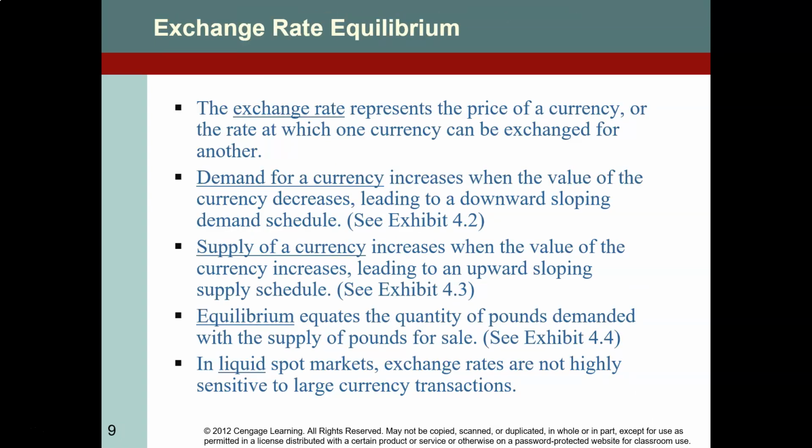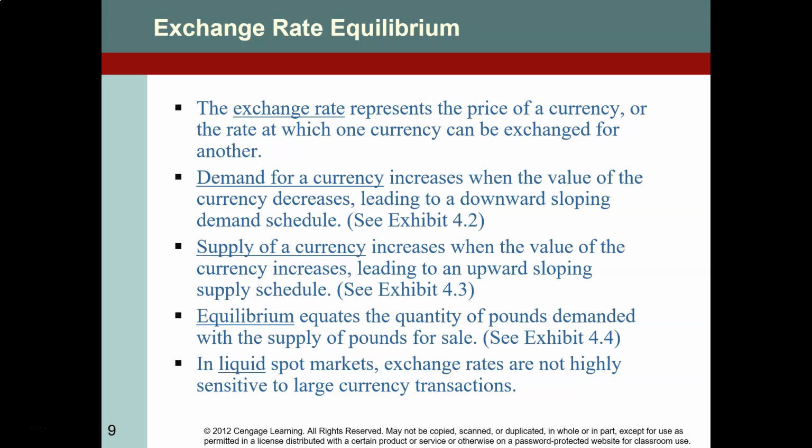And then for the supply curve, we see that when the value of the currency increases, the supply of a currency will increase. So the supply curve is upward sloping, right?